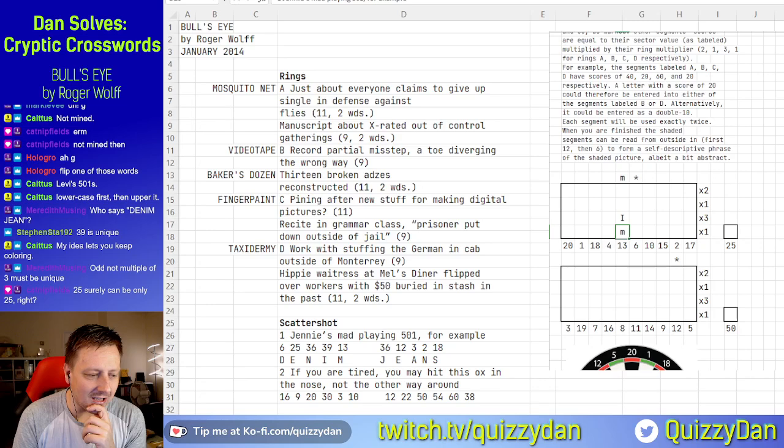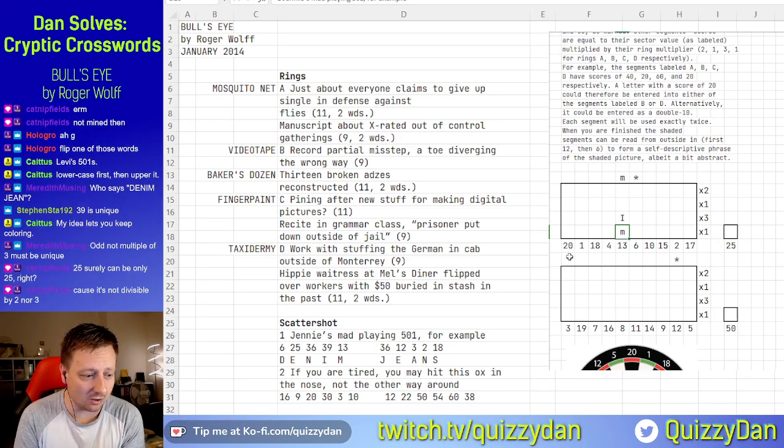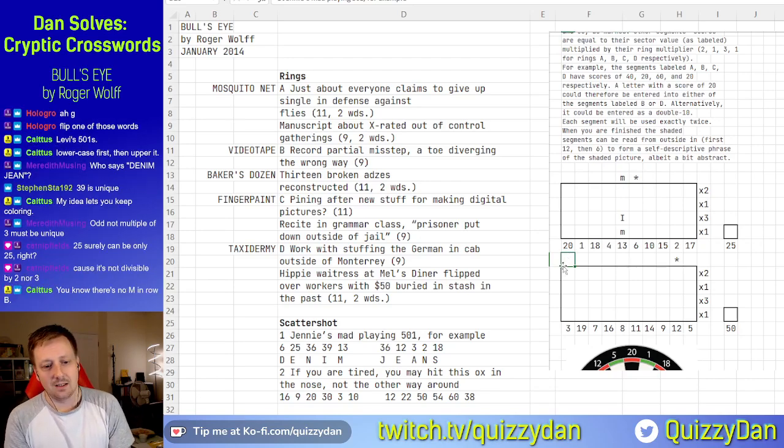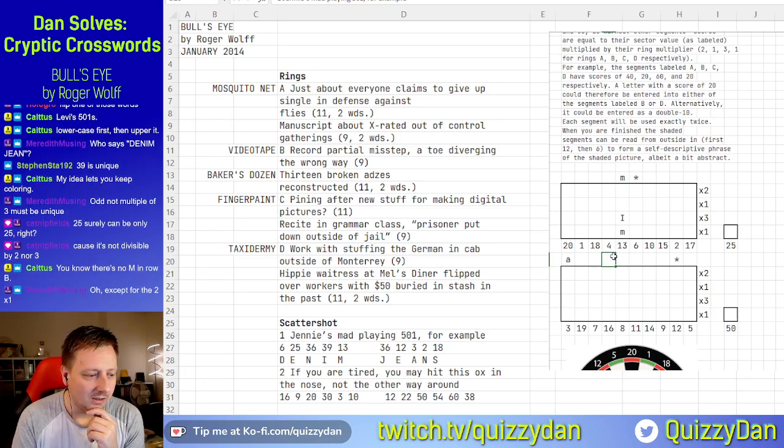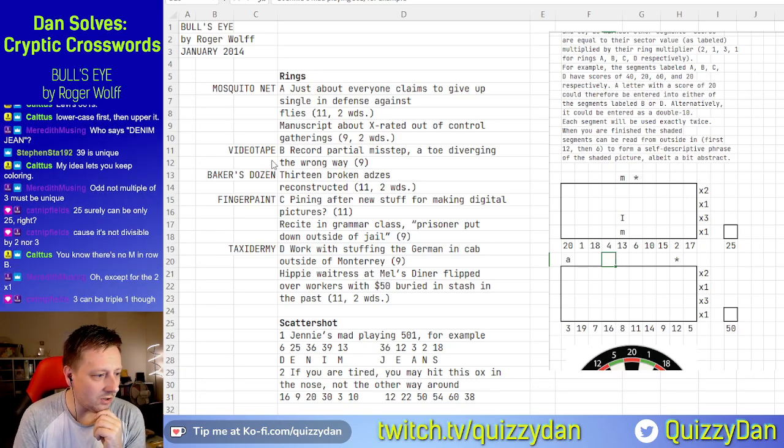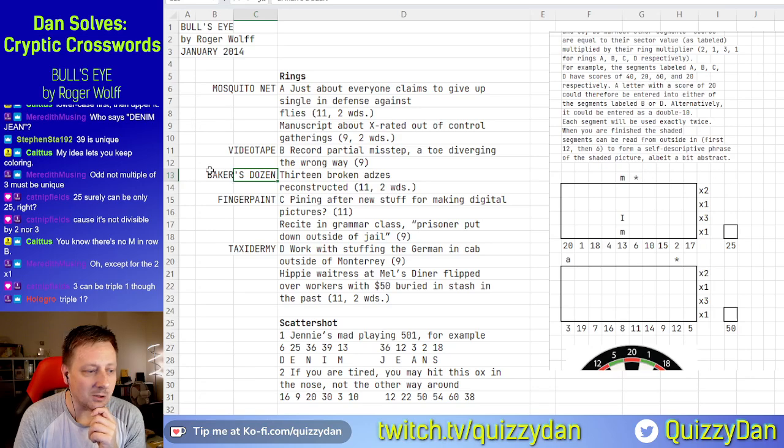So 36 has to be a different 36, but of course lots of 36 is double 18, triple 12, lots of things. 3 just has to be 3 though, so we know that in this column we've got an A. Except there could be B for baker's dozen.